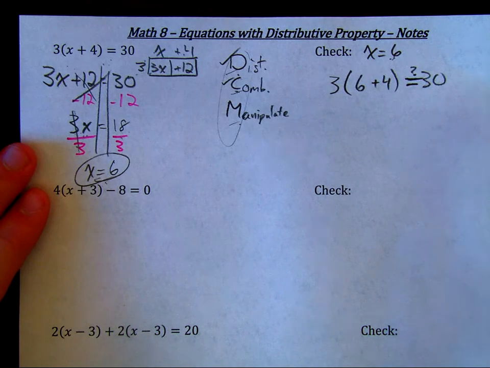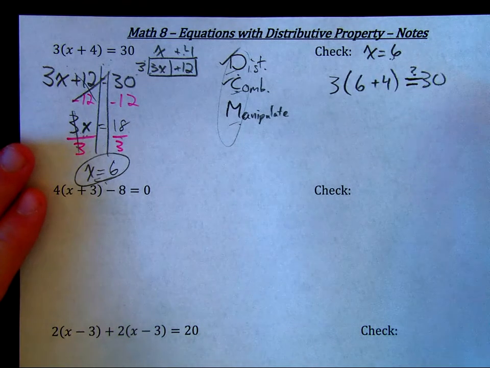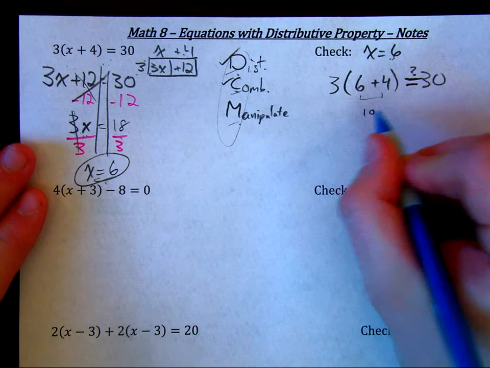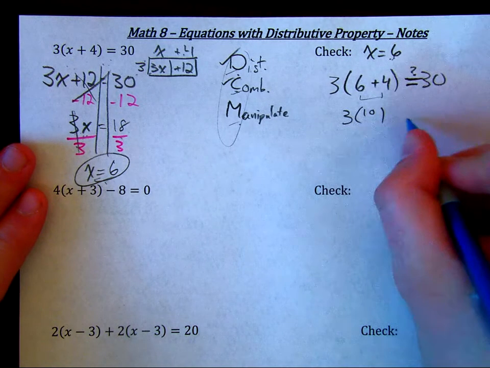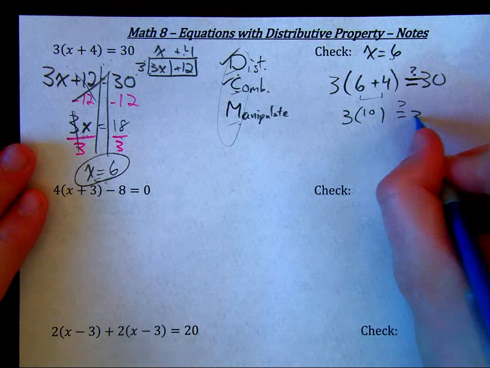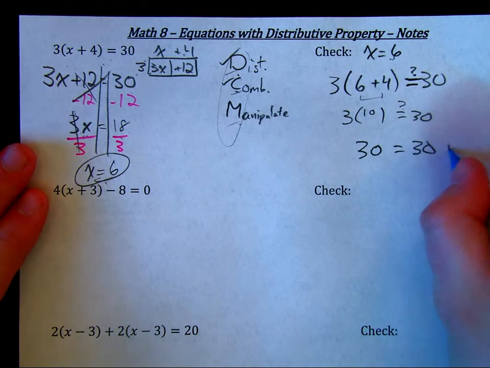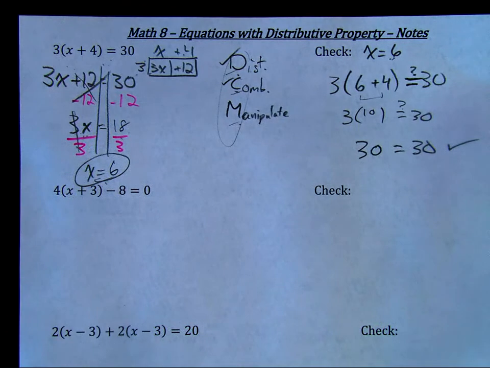So we're trying to see, is this true? Well, we would say, okay, this is going to be 10 times 3. Is that 30? Well, yes, 30 equals 30, and so we know we are good. Make sure that you can check each time for yourself, so that way you know how to solve.